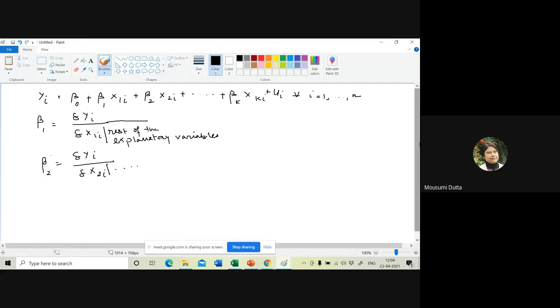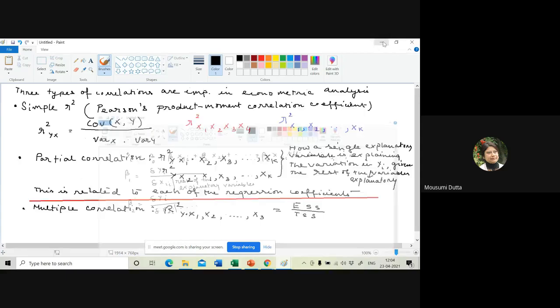Is it now okay? Okay, so this is related to each of the regression coefficients. The notion of partial correlation is related to the idea of regression coefficients.